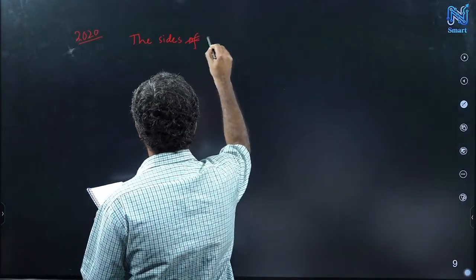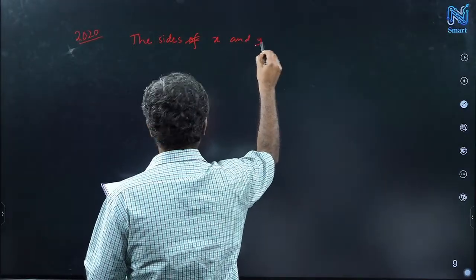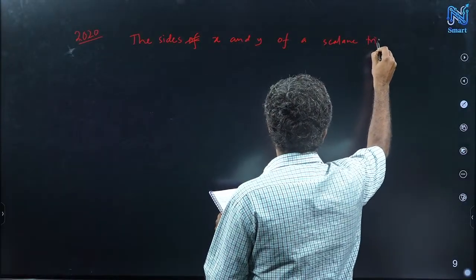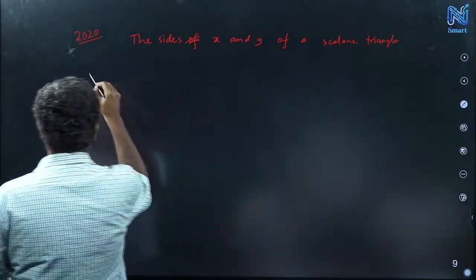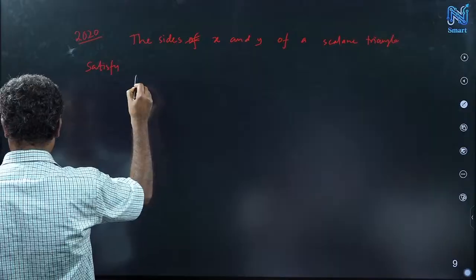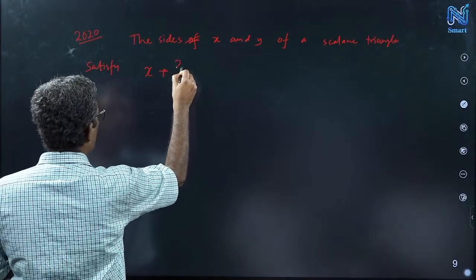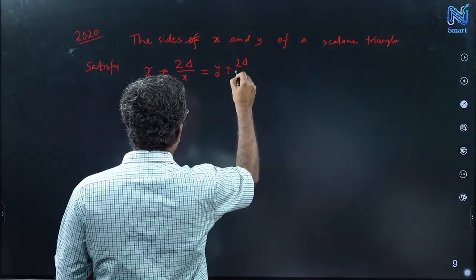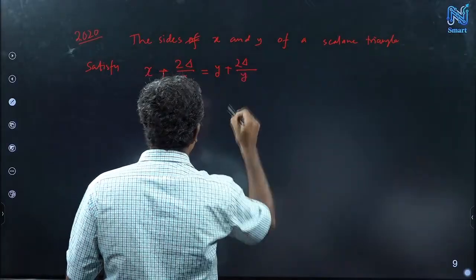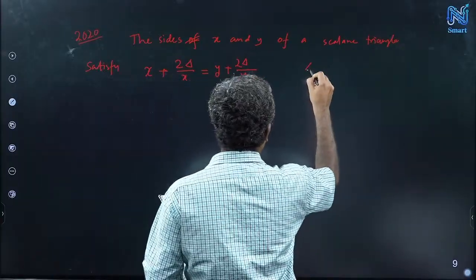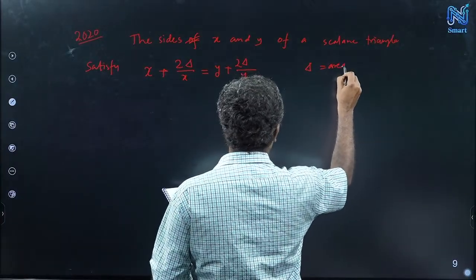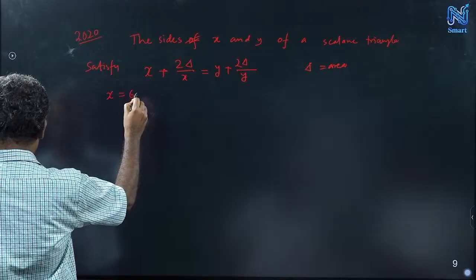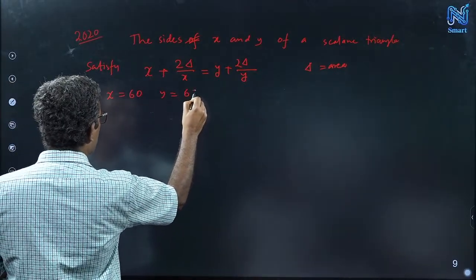The sides x and y of a scalene triangle satisfy x plus 2 delta by x is equal to y plus 2 delta by y, where delta is the area. x is equal to 60 and y equal to 63, it is given.